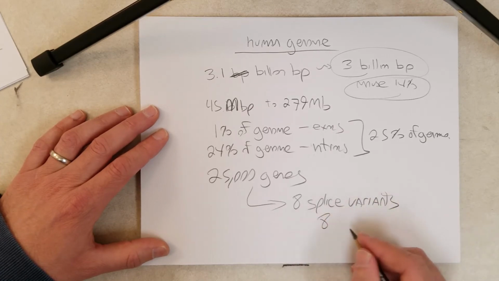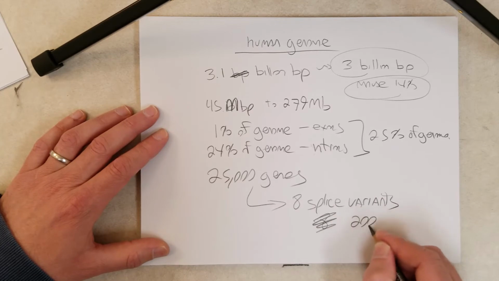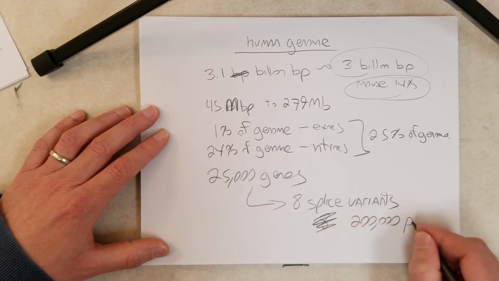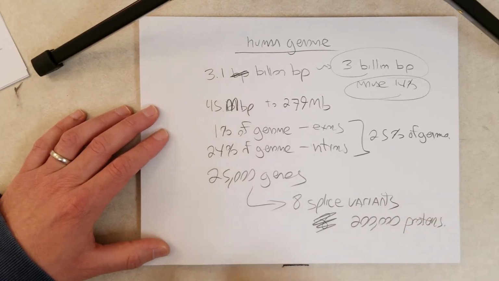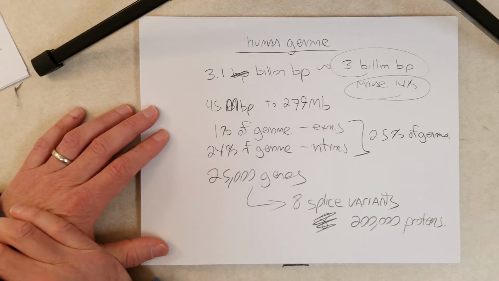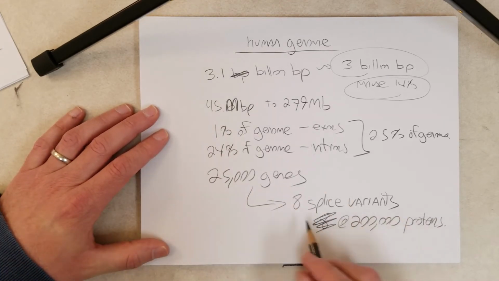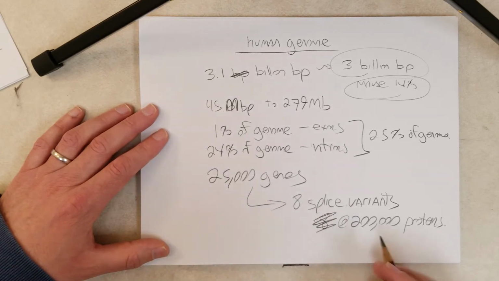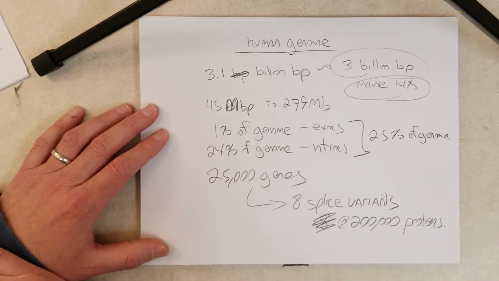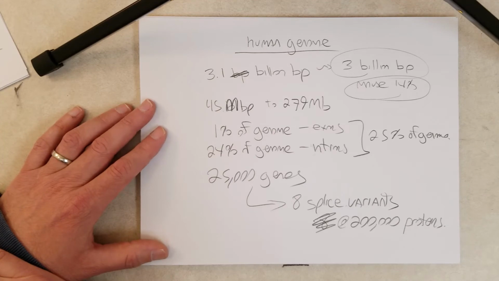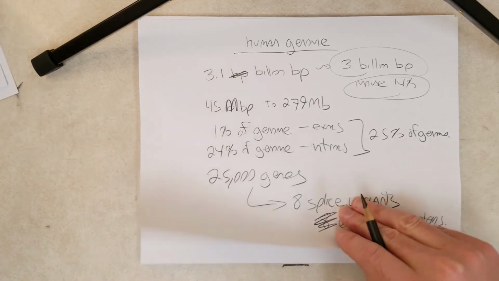So that means 200,000 proteins are encoded by the human genome, about. That's an average of 8 splice variants per gene, or 8 isotypes, right? Isotypes are proteins that are obtained by alternate splicing.